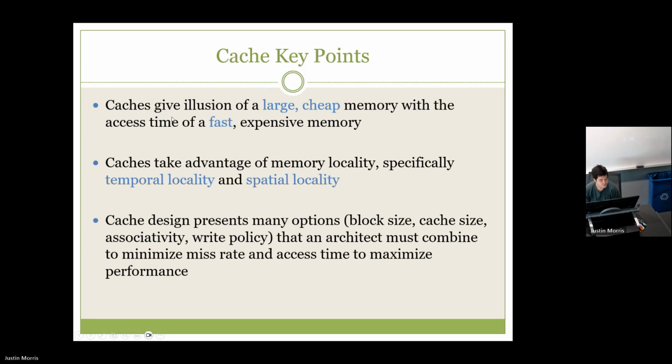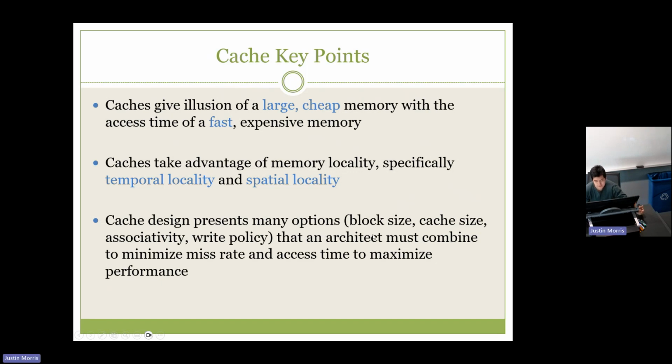So caches give this illusion of a very large and cheap memory with the access time of fast and expensive memory, right? And we have two types of locality, temporal locality and spatial locality. And we have many different design parameters of our cache design.